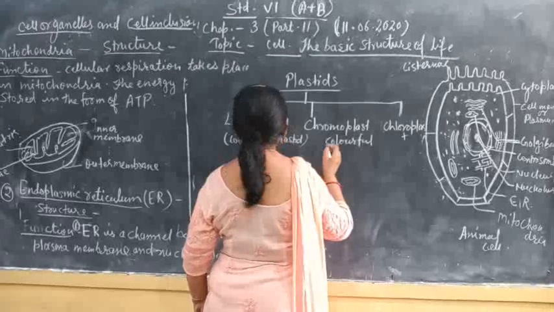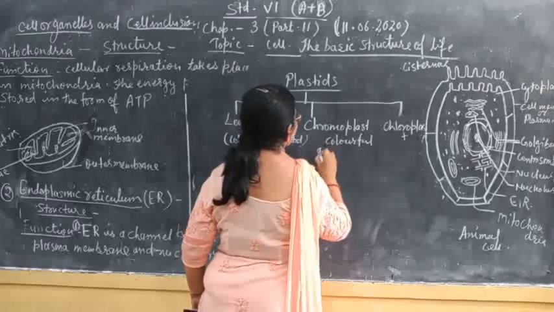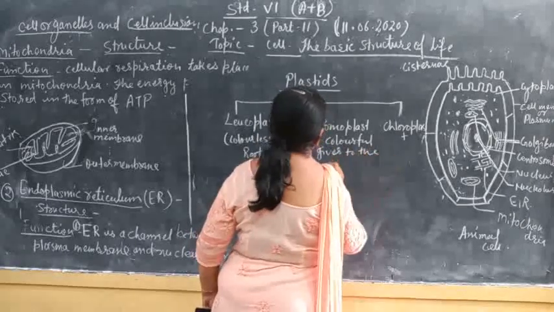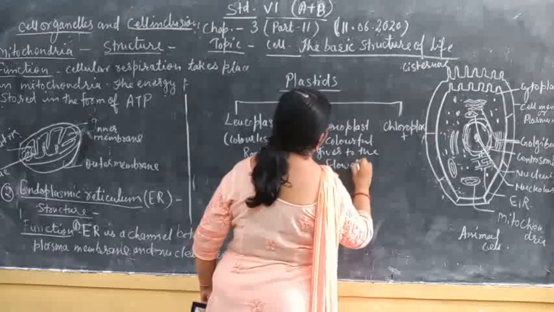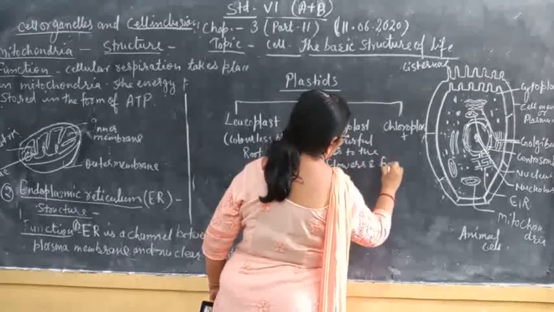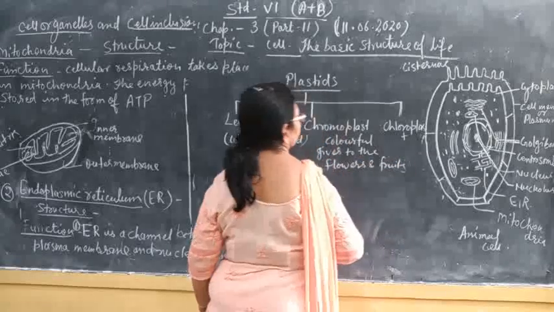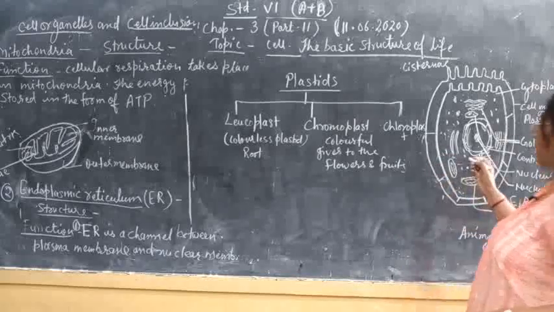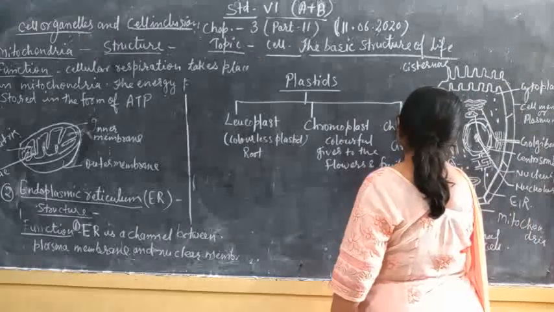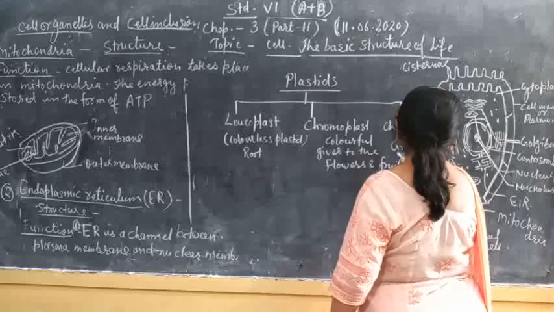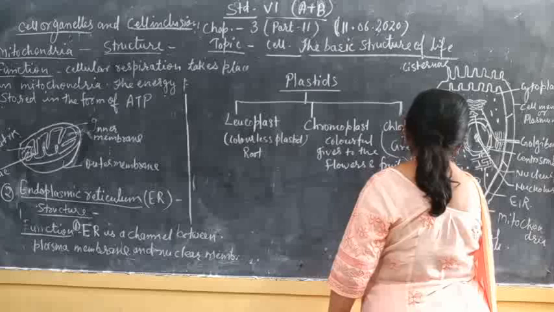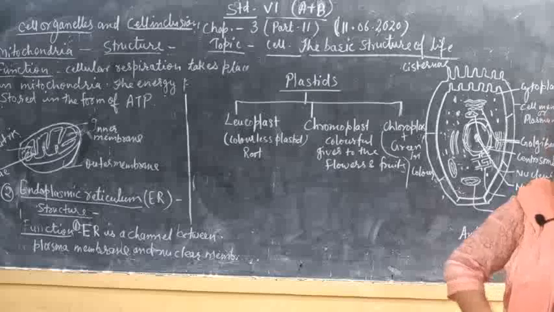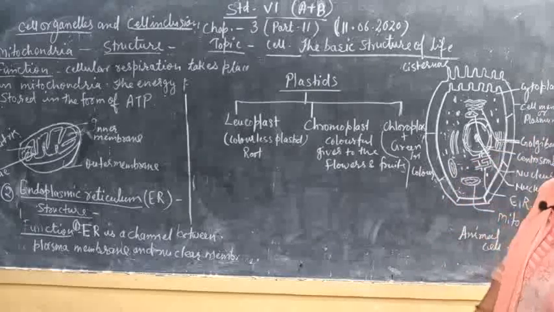It gives color to flowers and fruits. And chloroplast is green in color and present in leaves and some soft plant stems.